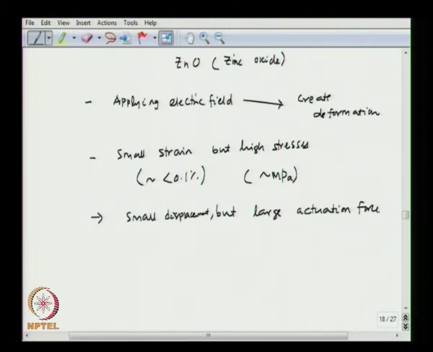So, we can find out the strains. This is the longitudinal strain, transverse strain, and so the longitudinal and transverse strains are going to be equal, which is D31 into electric field, and the vertical strain is going to be D33 into electric field.